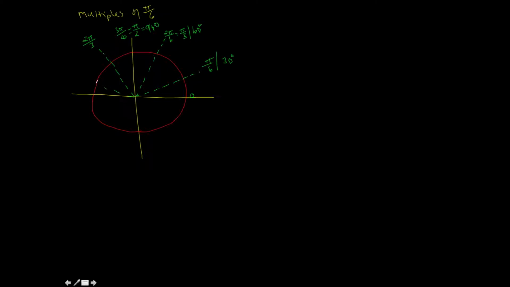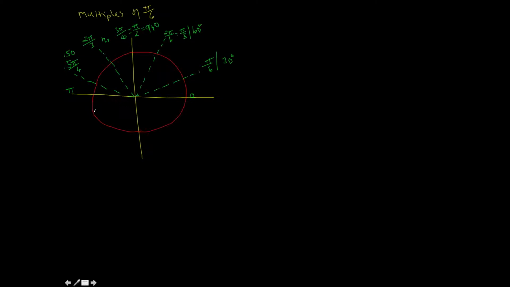Another 30 degrees gives us 5 pi over 6, and of course that would be, if this is 120 degrees, then this would be 150 degrees. 6 pi over 6 is the same thing as pi. Well, luckily we already know that. That's a quadrantal angle, so that's 180.